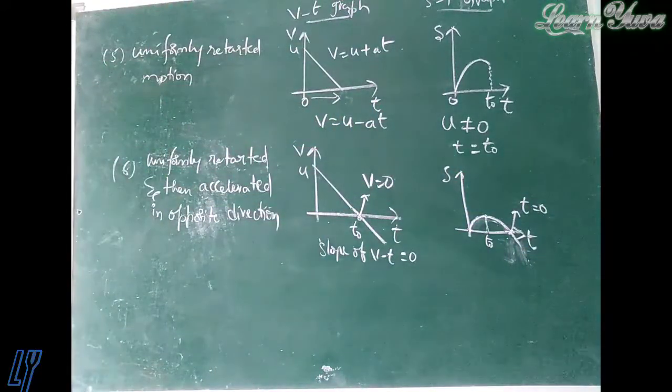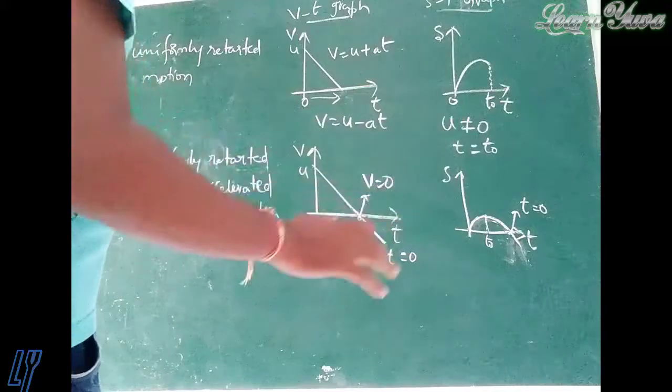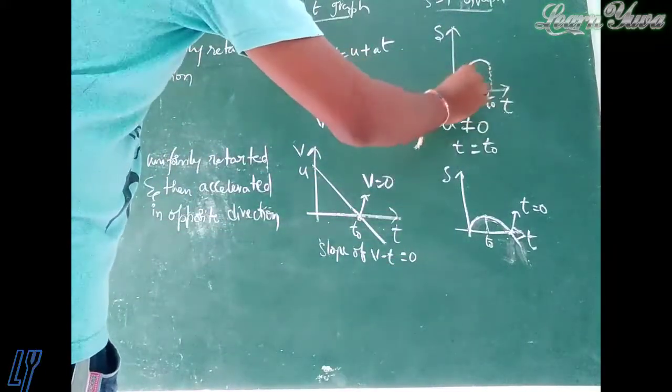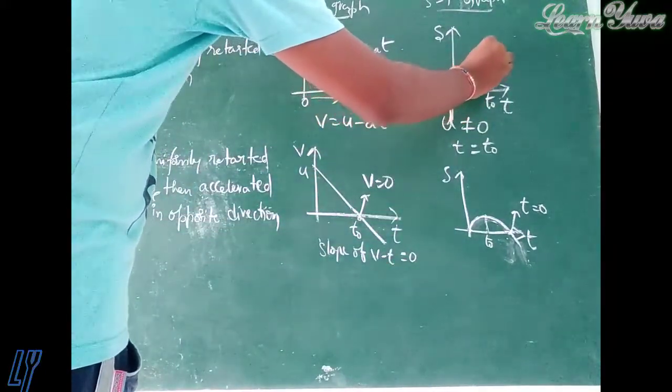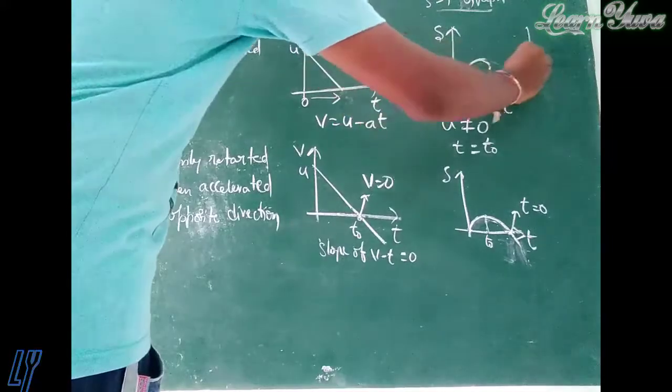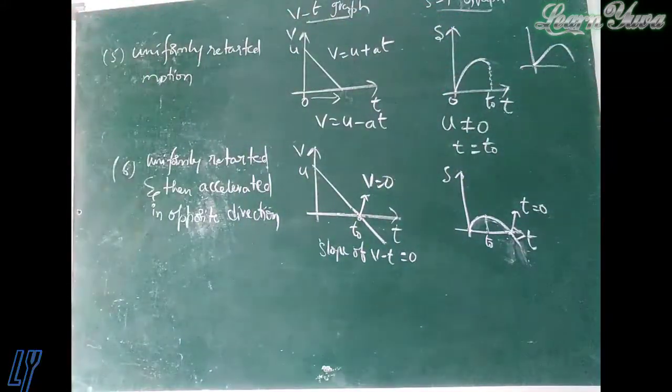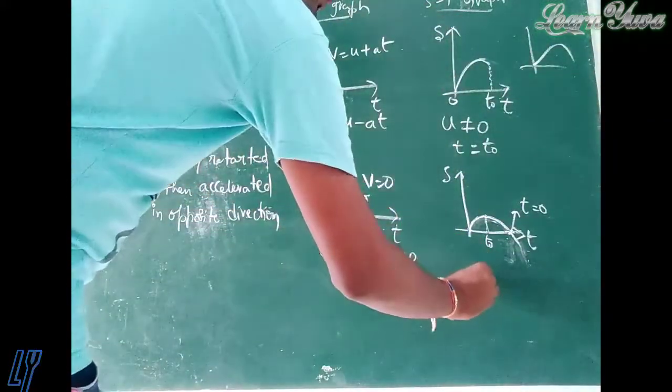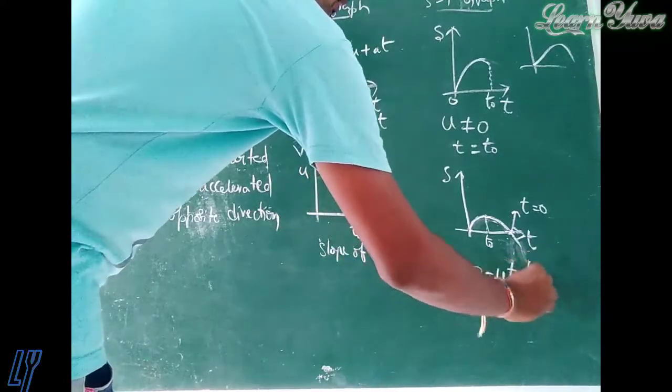For that case, in the displacement-time graph, if the graph is a parabola, like this, then we have to apply the formula S is equal to ut plus half at square.